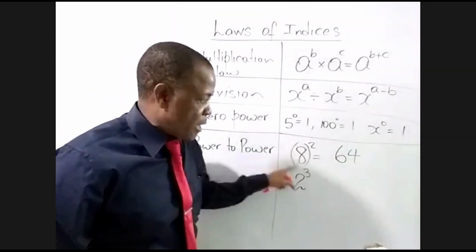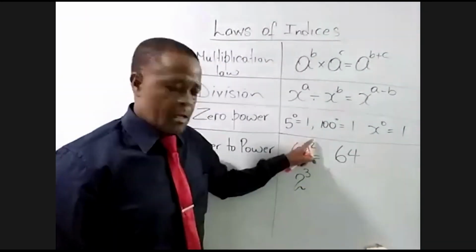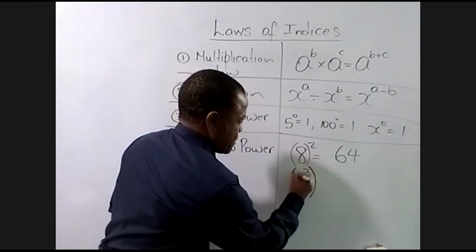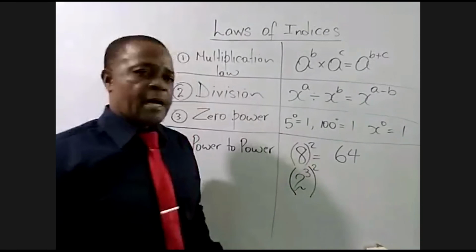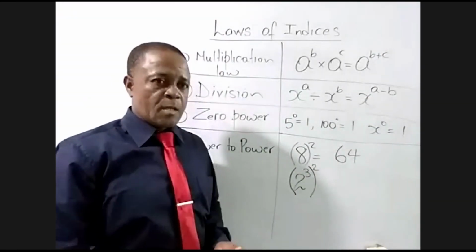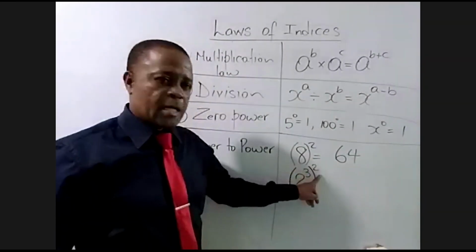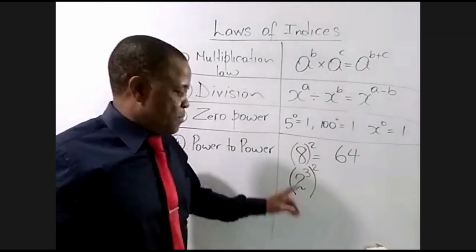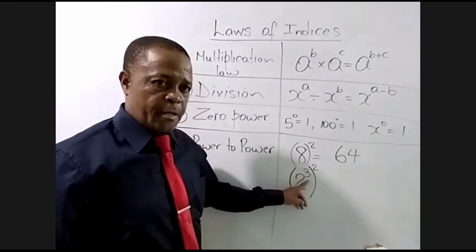But what I want is 8 squared. So since this is 8, I have to now put back that power on the outside. So it's now 8 to the second power. Now, what is the base here? The base is now 2 to the third.